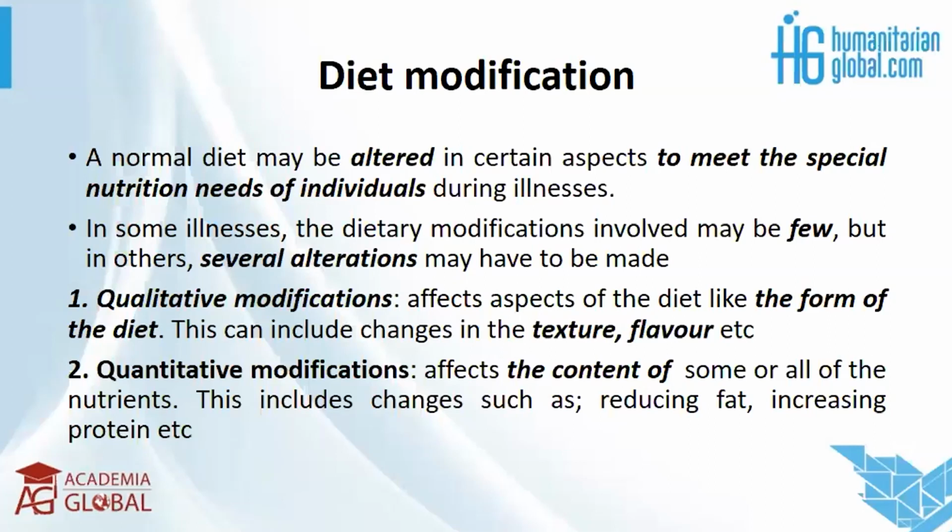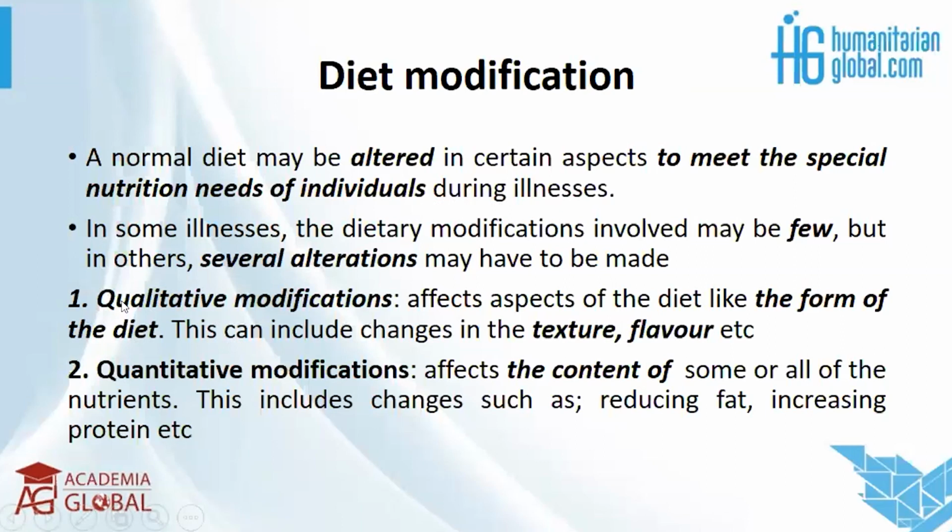This is what we are calling diet modification. So we need to understand how to change diets in order to meet the special nutritional needs of individuals during illnesses. There are 2 general aspects of diet that can be modified, and I've written them here.